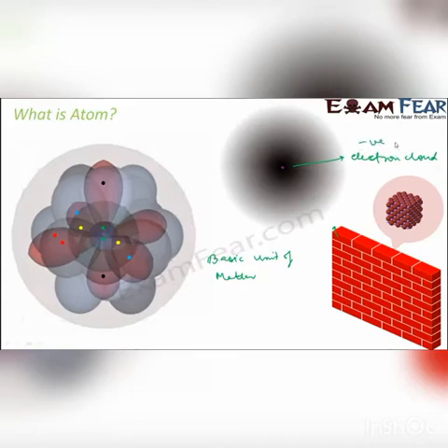This is negatively charged. This is the atom, and if you see the view of the atom, this is how it is. There is a center nucleus somewhere here, which is very small, and then there are all these electrons. Whatever you see in yellow, red, blue, green color, they are all electrons floating around, jumping around, and these are all electron clouds. Both are the same thing, actually a different representation.